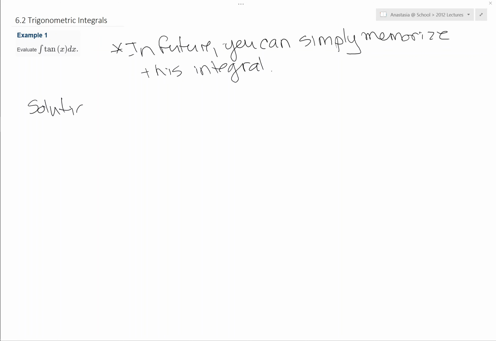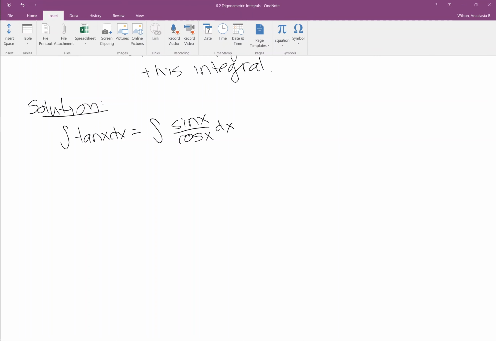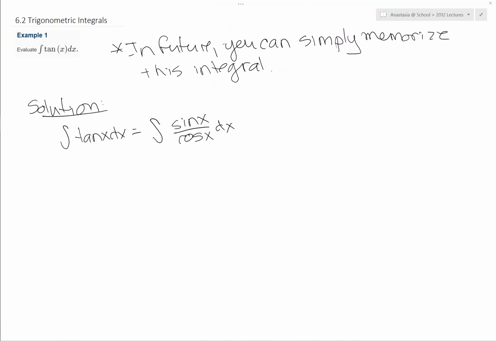So for the solution here, we are going to take the tangent of x and rewrite it in terms of sines and cosines. Specifically, tangent x is sine x over cosine x. So we have the integral of sine x over cosine x, and from here we're going to use a substitution, which is extremely common with trig integrals.